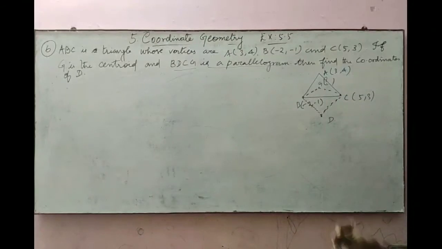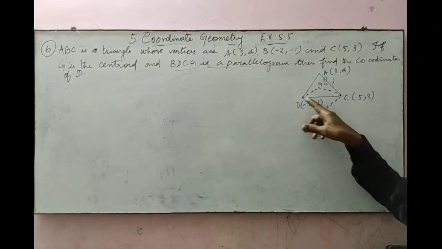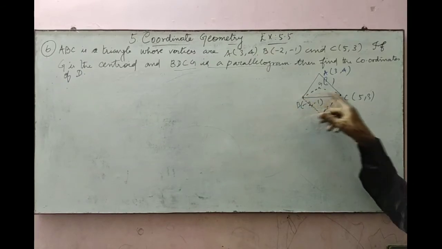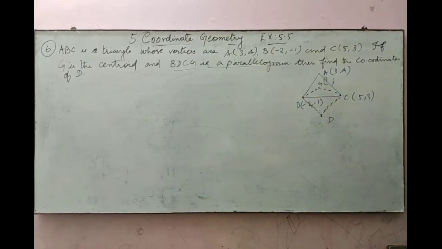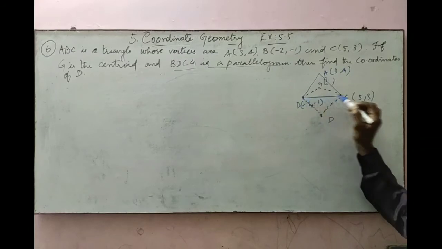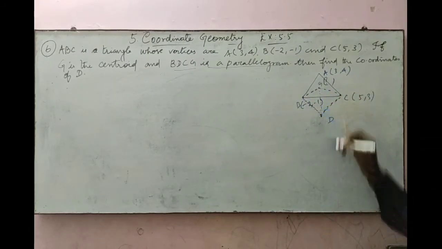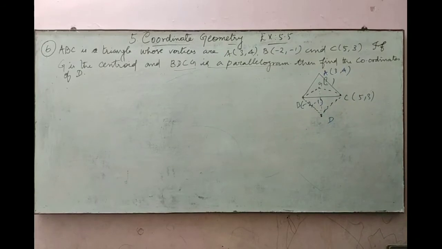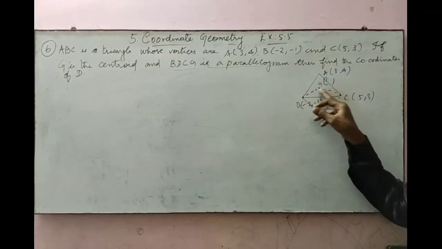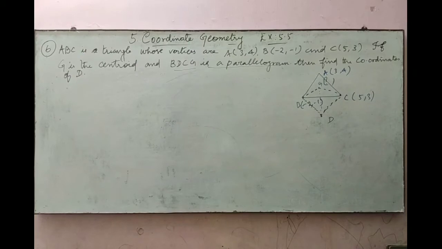Then what is the condition for a parallelogram? The condition is that the midpoint of the diagonals should be equal. So midpoint of BC is equal to midpoint of DG. So we have to prove this. Then we say that BDCG is a parallelogram.